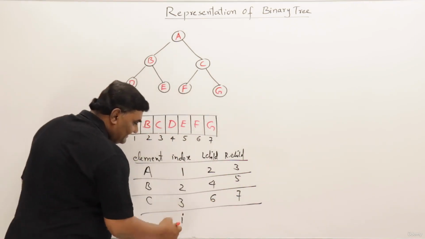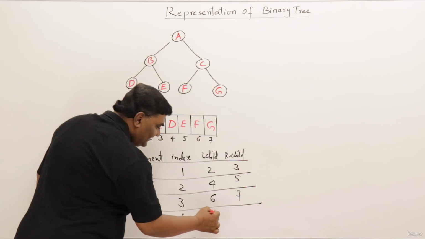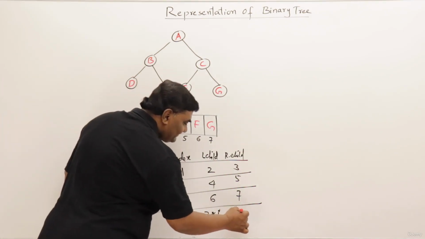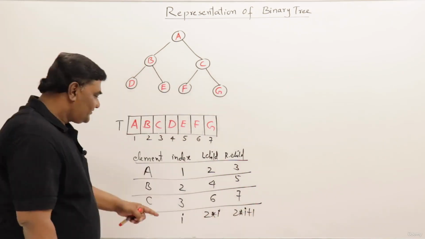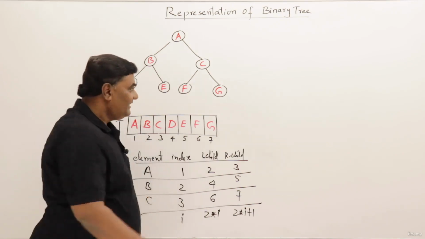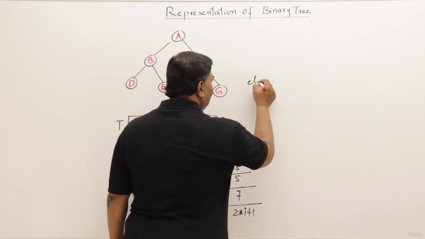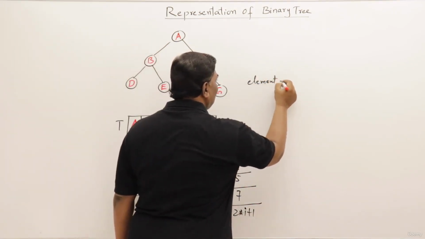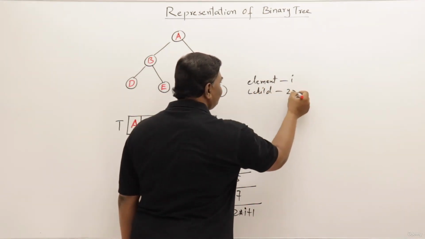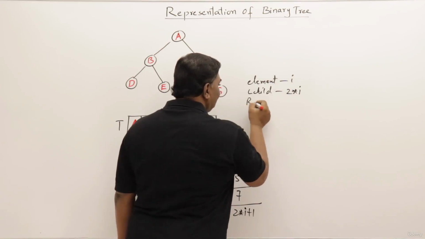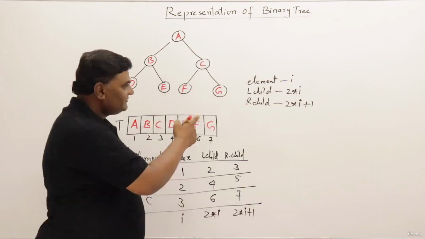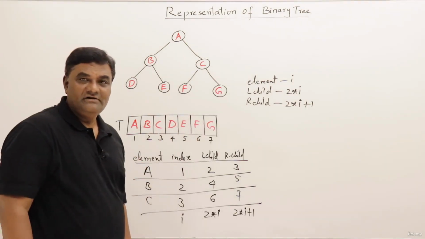If any element is at index i, then its left child is at index 2i and right child is at index 2i plus 1. So elements are stored based on this formula, right? If any element is at index i, then its left child is at index 2i. Then right child is at index 2i plus 1. So these are the formulas used.